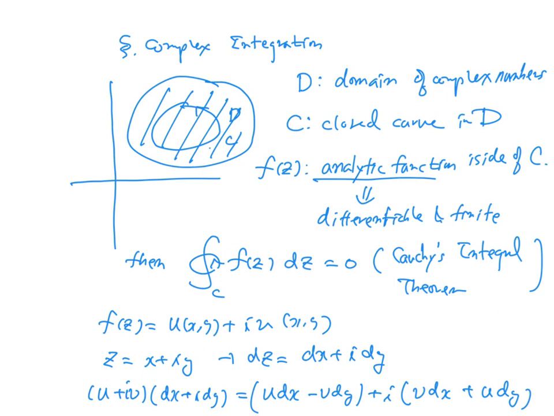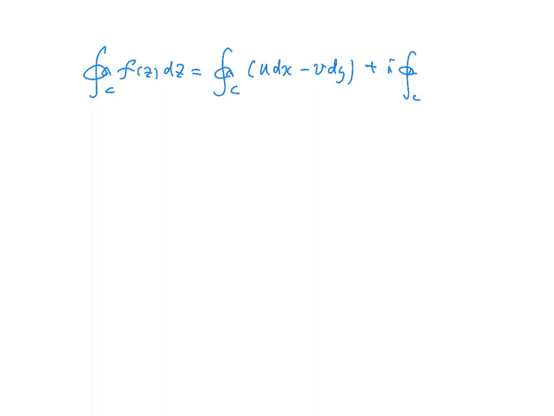So the integral over C of f(z) dz is the integral over C of u dx minus v dy plus i times the integral over C of v dx plus u dy.